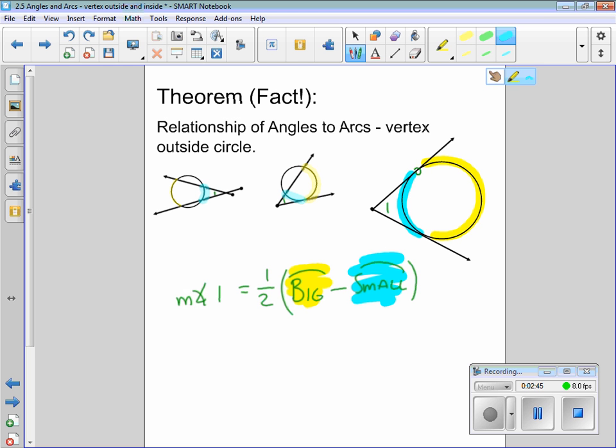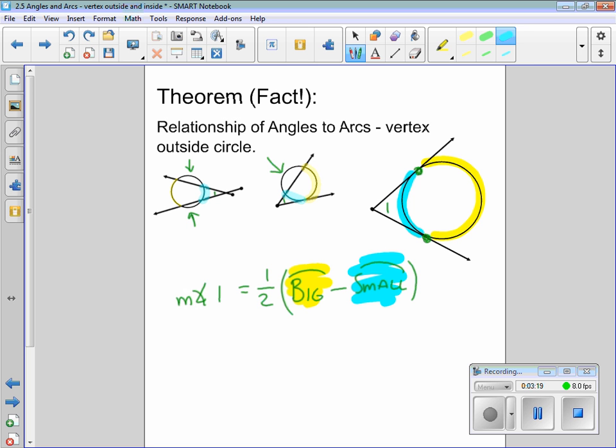Interesting enough, in this scenario, the two arcs go together to form a 360-degree relationship. Over here on this one, there's a piece of the arc that we're not going to have as part of the final calculation. However, sometimes the information given there will lead us to the big arc or small arc. The same thing goes with these pieces. Sometimes that information is put there, or some concept allows us to use that information to build what the arcs are inside the lines that are forming the angles we're talking about.